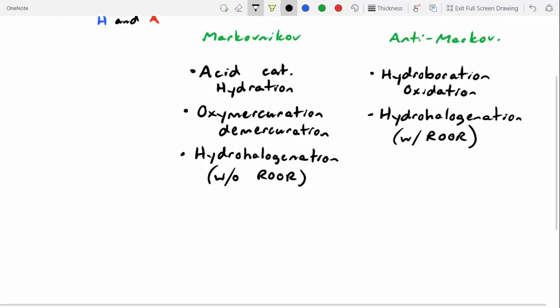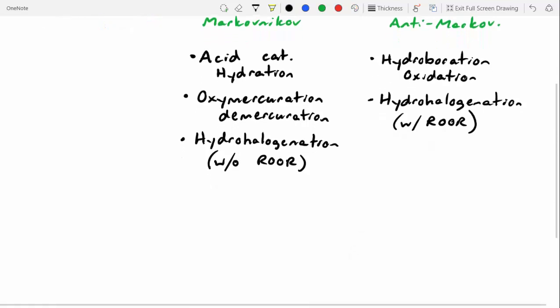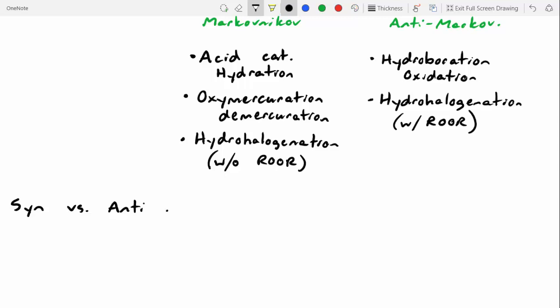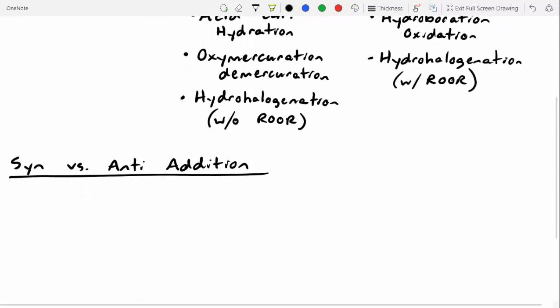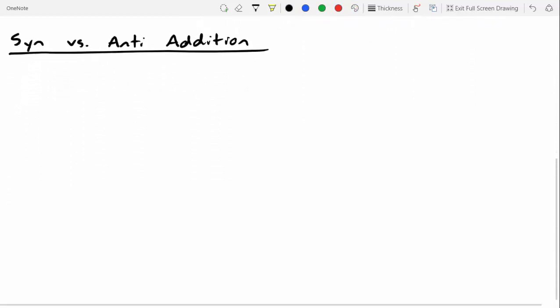All right, the next thing we have to do is we have to look at syn versus anti-addition. And this specifically refers to stereochemistry, not regiochemistry. So let's say we've got this alkene.